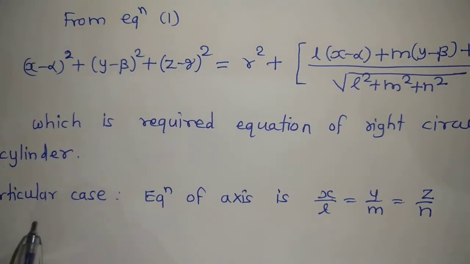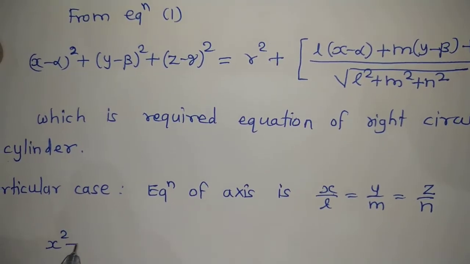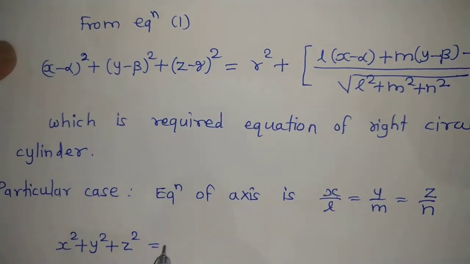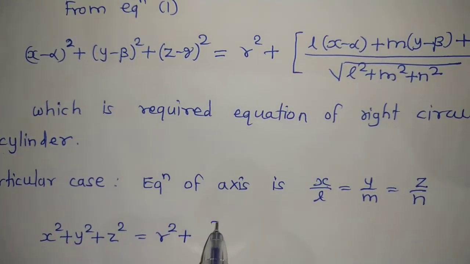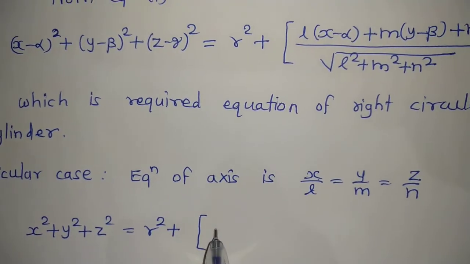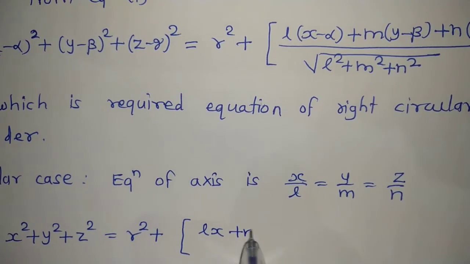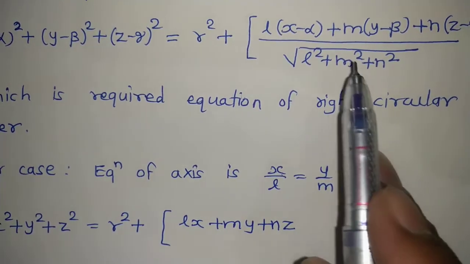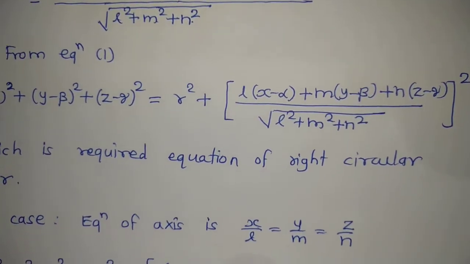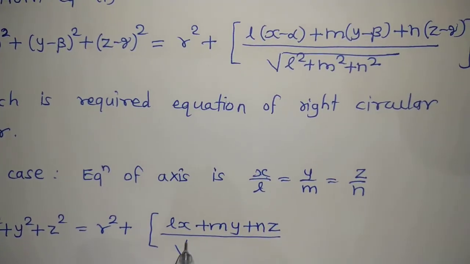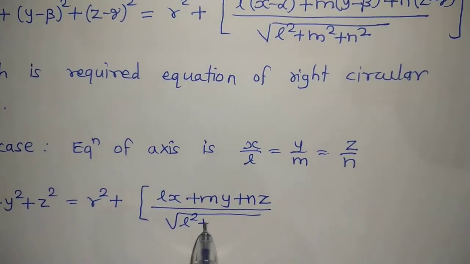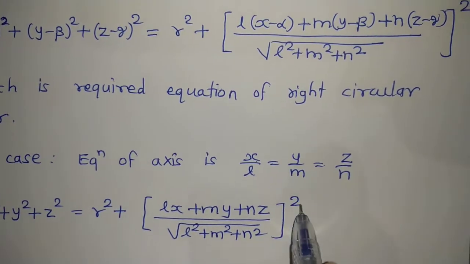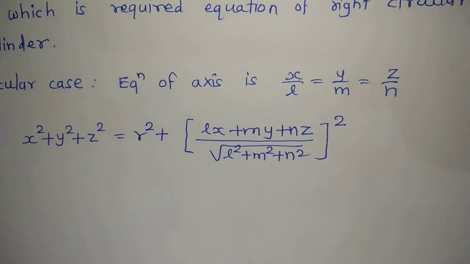So x square plus y square plus z square is equal to r square plus, in brackets, (Lx plus My plus Nz) divided by root of L square plus M square plus N square, whole square, since alpha, beta, gamma are 0.